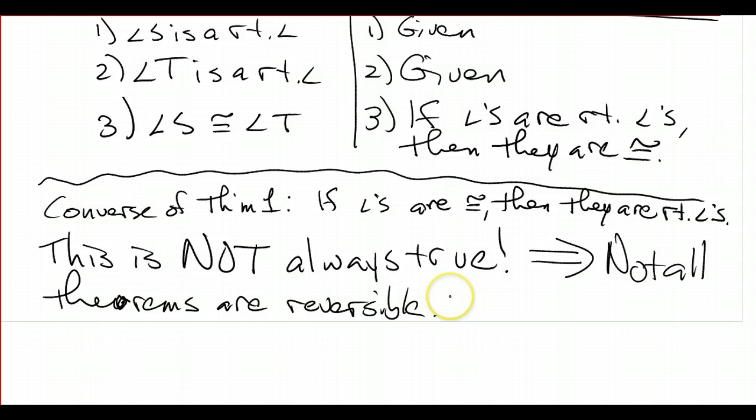I can write the converse of the theorem, but since the converse is not true, it's not reversible. Okay, so keep that in mind. Definitions, always reversible. The converse is always true. Theorems, sometimes they are, sometimes they're not. Usually if the converse is true, we would just make it a different theorem. So just keep that in mind.